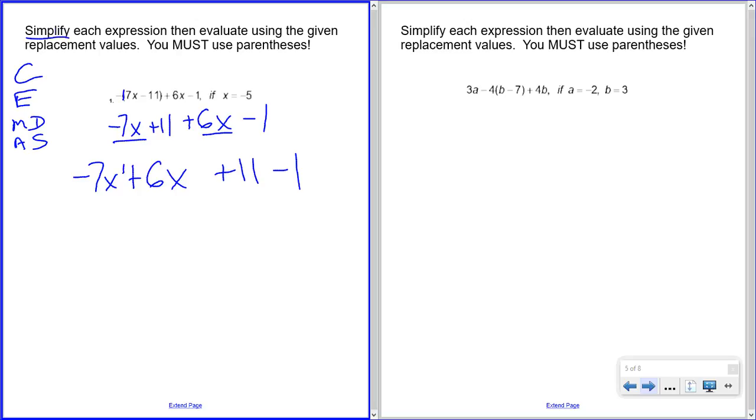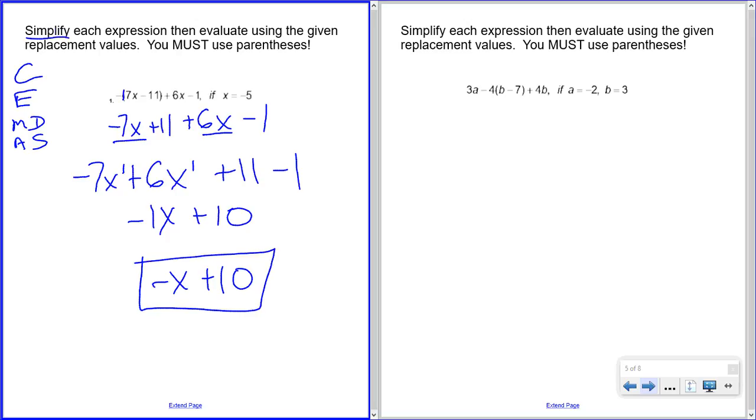The exponent is 1 and the exponent is 1. So now negative 7 plus 6 is going to be negative 1x. Now we're going to do 11 minus 1, and that's going to be plus 10. You could also write this as negative x plus 10.